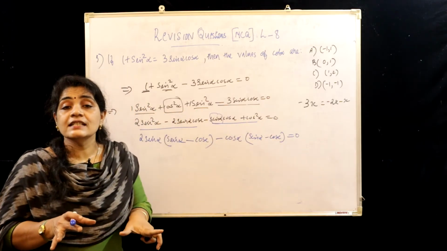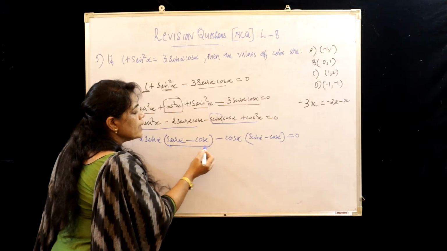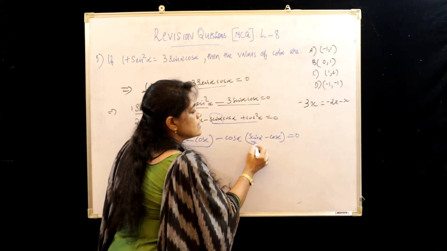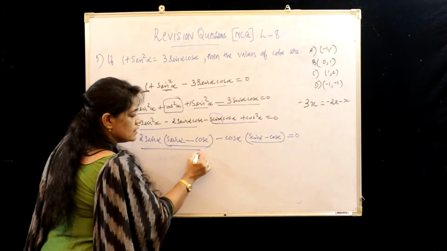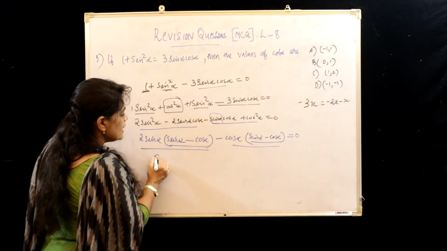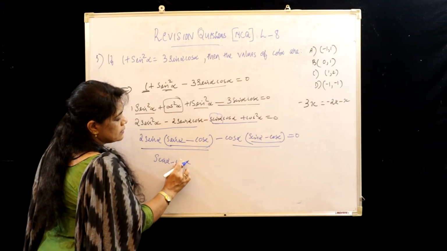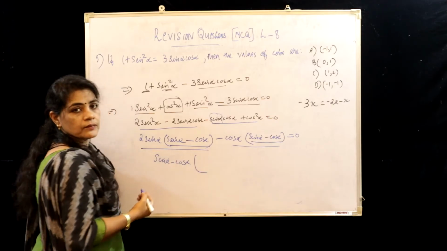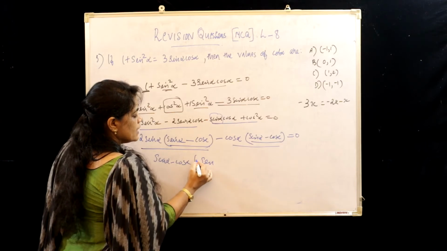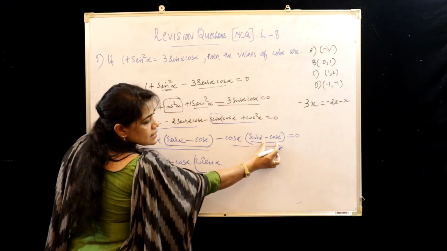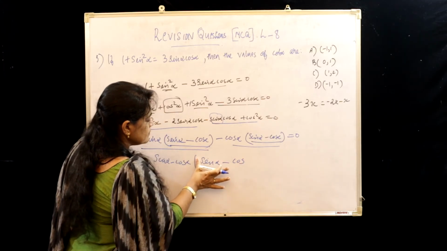See, after changing this step, you can see that sin alpha minus cos alpha, here also sin alpha minus cos alpha, that factor is common. So from this term and this term, sin alpha minus cos alpha as common. After taking that, in the first term 2 sin alpha, and the second term already taken outside, so minus cos alpha.